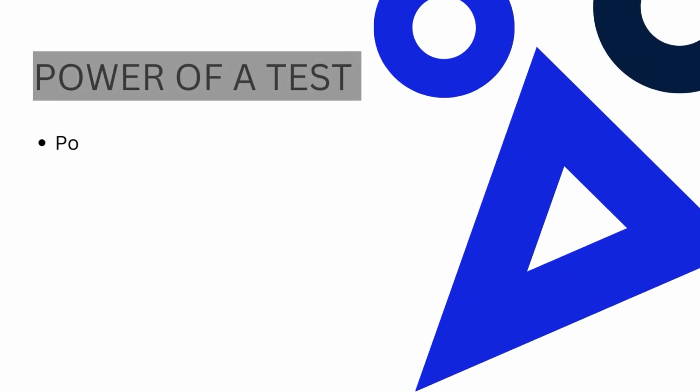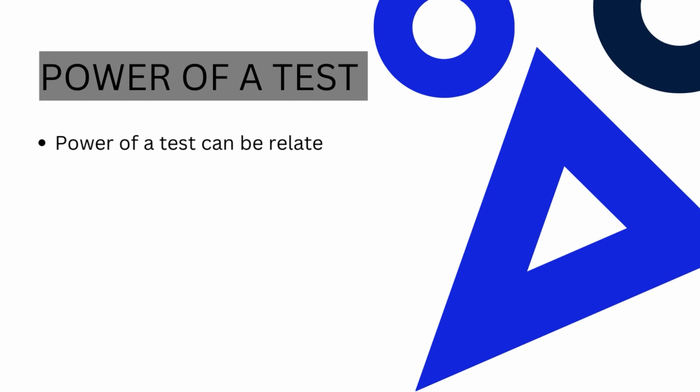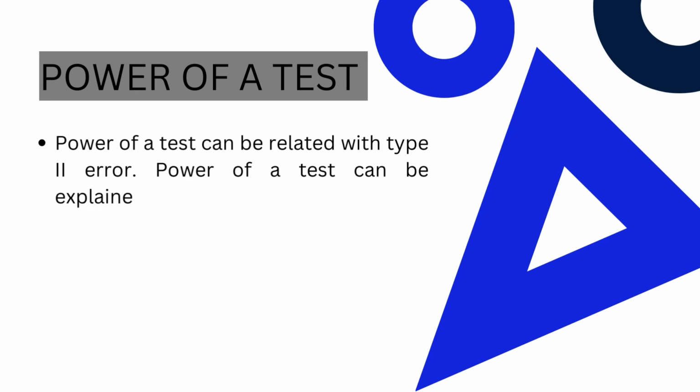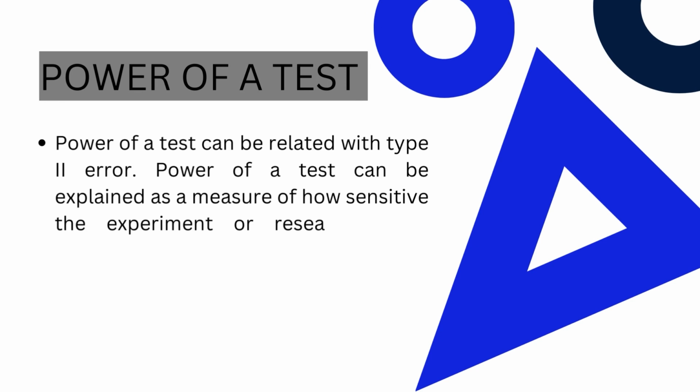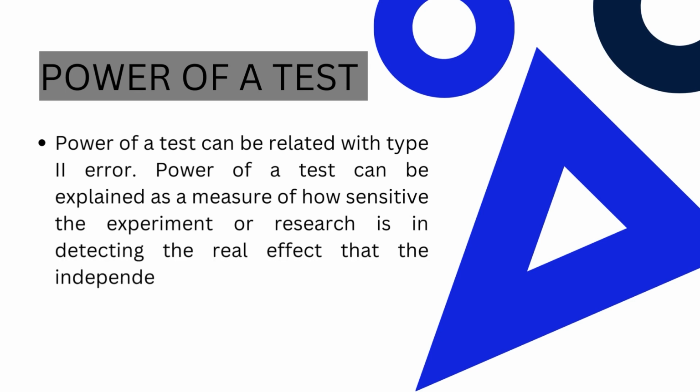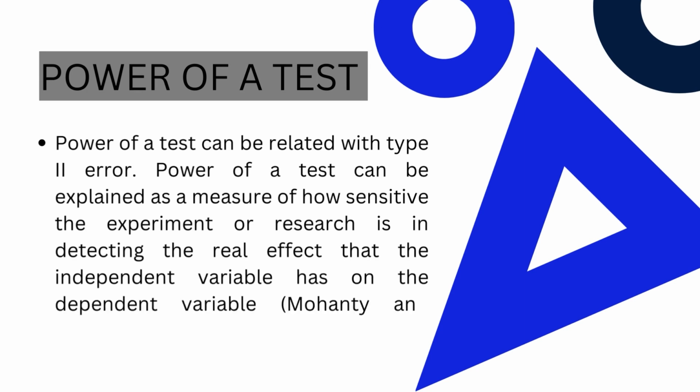Also, one important characteristic in terms of hypothesis testing we can observe is the power of a test. How can it be defined? Power of a test is an important concept which is related to type 2 error. Power of a test can be explained as a measure of how sensitive the experiment, study or research is in detecting the real effect that the independent variable has on the dependent variable.